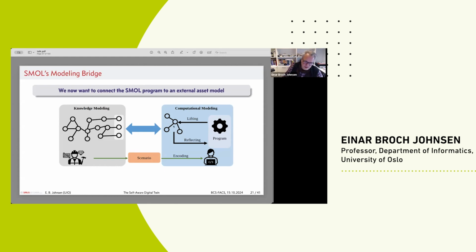But what we want to do now is to connect this graph with a graph which is explaining the domain, so this life cycle engineering picture that we saw in the beginning, such that we can relate objects in our runtime state to information in the domain. And in the same way, we would like to ask the twin questions in the language of the domain, which results in an encoding on the program side of the kind of analysis problem that we are interested in.